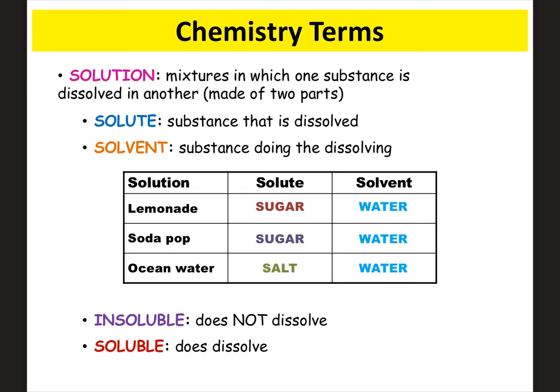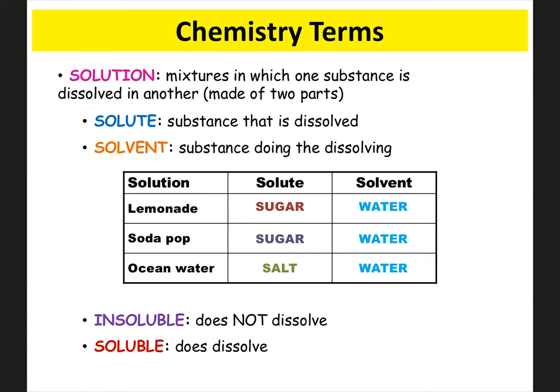You might have heard water called the universal solvent because it can dissolve a lot of substances. If you look here at the table, you can see some examples. For example, in lemonade, there are probably a lot of different solutes, but the main solute in lemonade would be sugar. Sugar is dissolved by the solvent, which is typically the juice or the water.